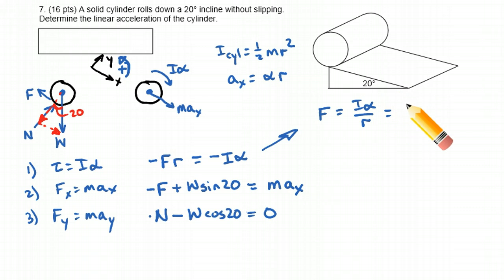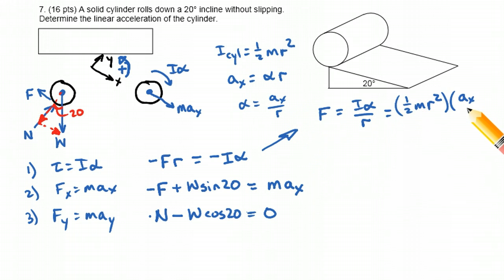I we said was 1/2 mr squared. Alpha, right here we can write alpha equals a sub x over r. So there's my I, there's my alpha, and I have an r over here.